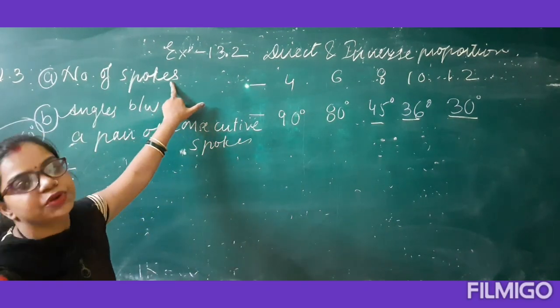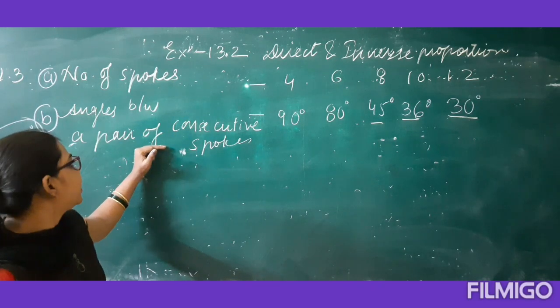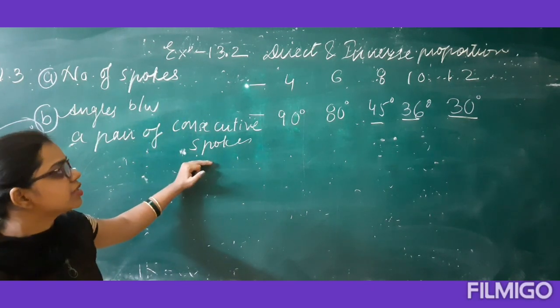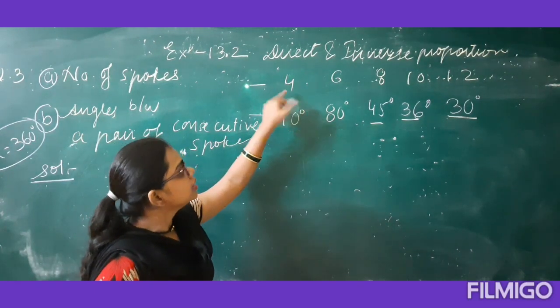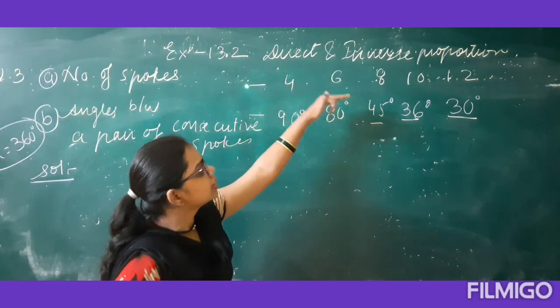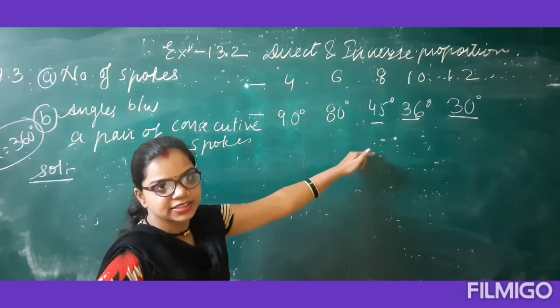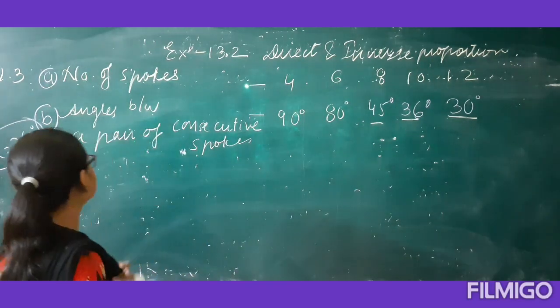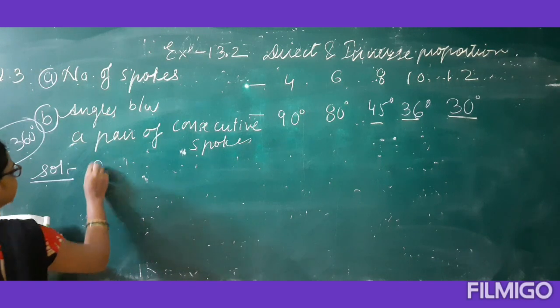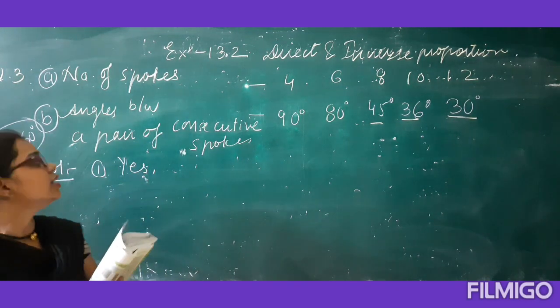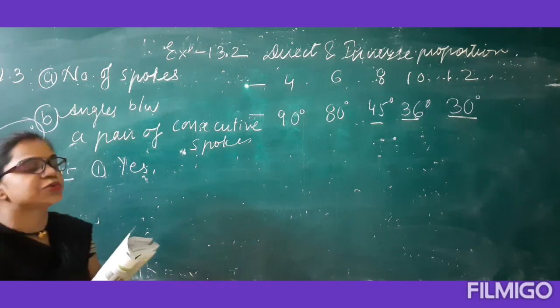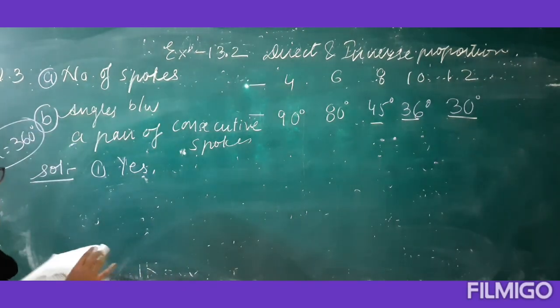Yes. When I am increasing the number of spokes, the angle between the pair of consecutive spokes is decreasing. So these are in inverse proportion. So answer number one is yes, because when I increase the number of spokes, the angle between the pair of consecutive spokes is decreasing. You can write this down.